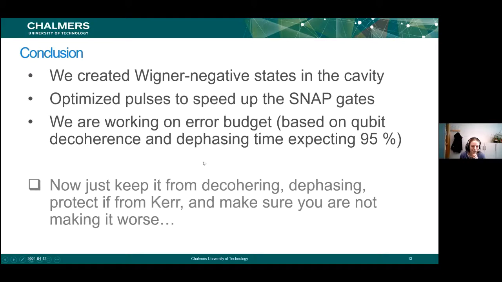And then to be done, now I need to keep my state alive, not allow it to decohere, dephase, get ruined by Kerr, and so on. So yeah, thank you for your attention.